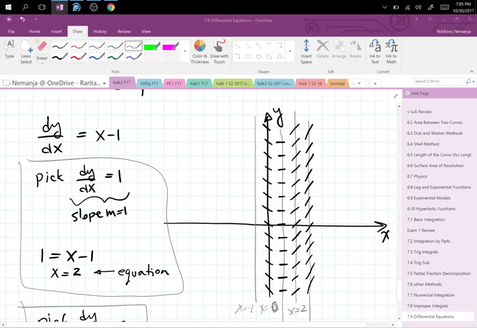So we picked -2. So that's going to be more slanted.